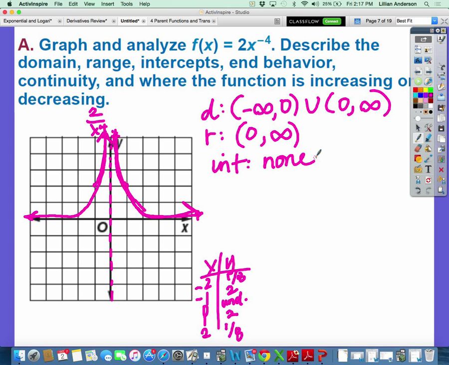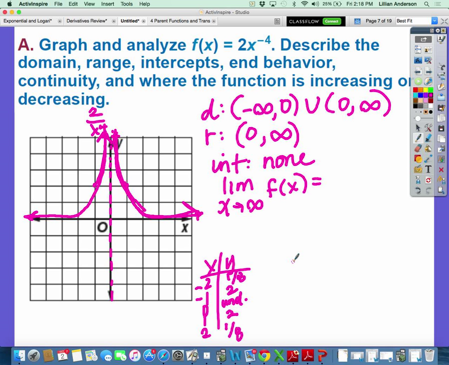In end behavior, the limit as x approaches positive infinity is what, Jonah? Careful. My x's are getting bigger. They're getting smaller, closer to the x-axis.